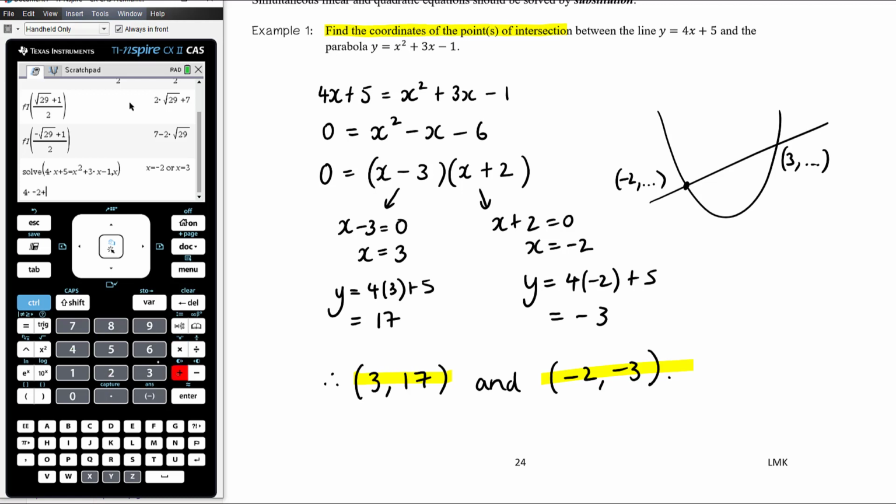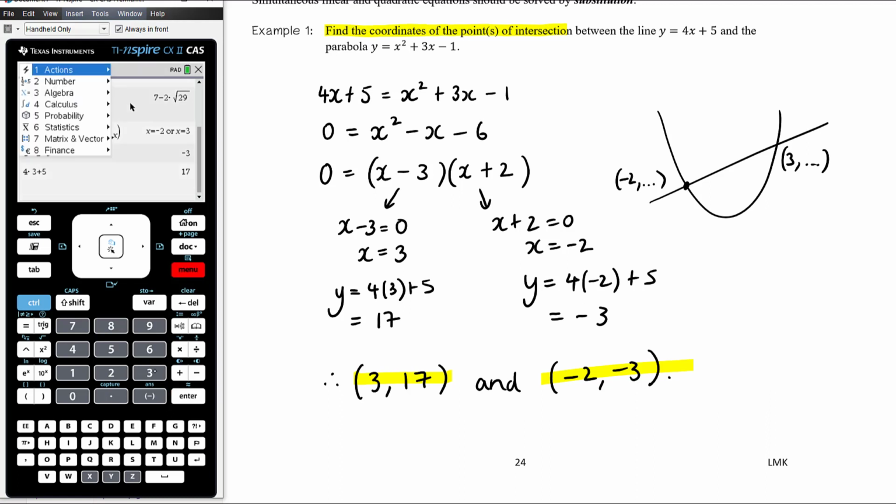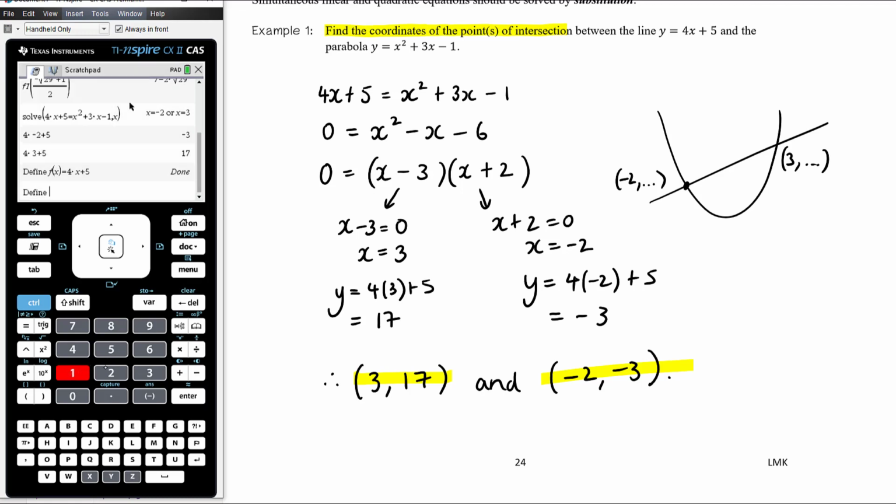4 times negative 2 plus 5 and 4 times 3 plus 5 for our two y values. That's pretty straightforward in this instance because the equations are pretty simple. But as I said, you could instead define your functions first. Define f of x as 4x plus 5, menu 1.1 for define.